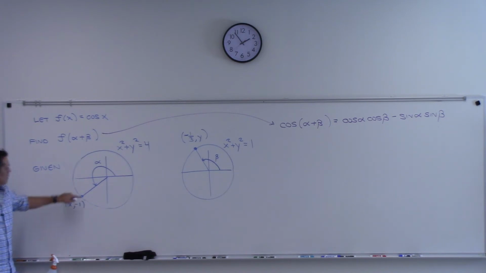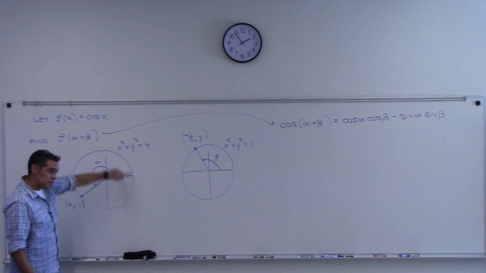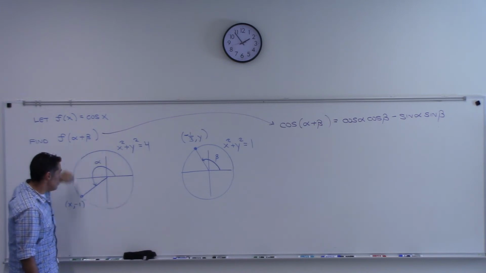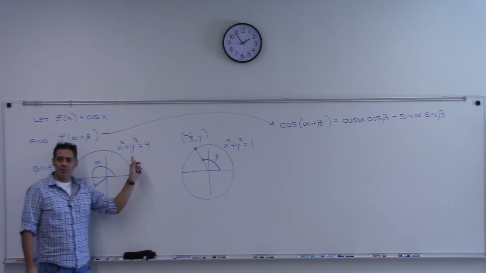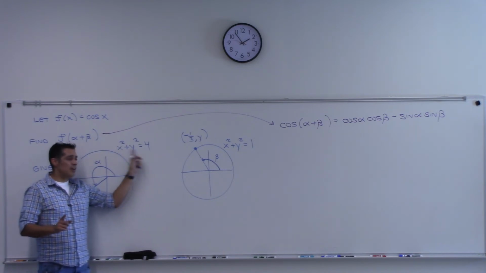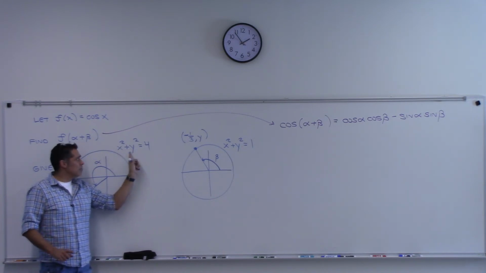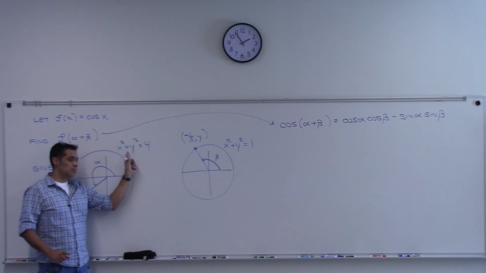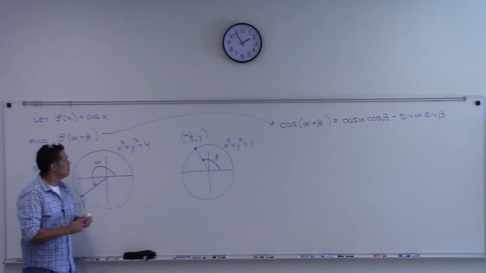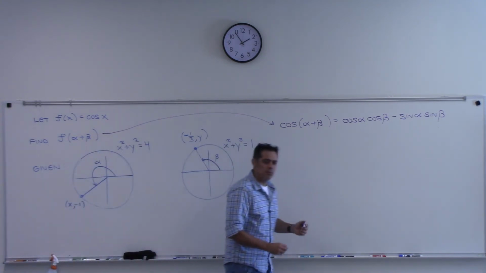Yes. How did they give me r? On the equation. This is a circle, right? Do you remember in the beginning of this class, right after we did partial fractions, we did circles? And that's the generic equation of a circle. The radius of this circle would be what? What would it be for this circle? 4. Nope, not quite.